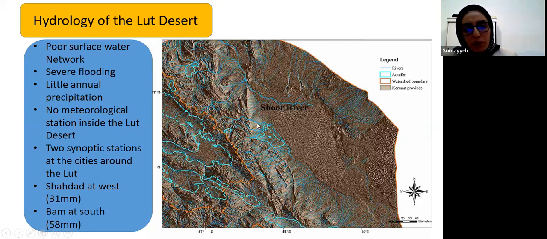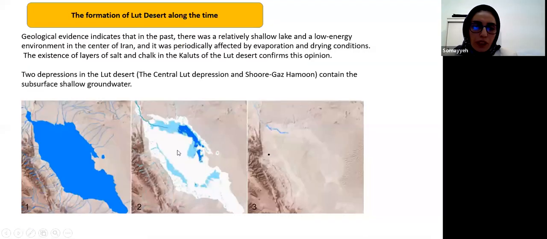And we have some short streams, or let's say perennial streams that they don't enter the central part. They just stop flowing to the edge of the western part of the Lut. I put a shape here about the formation of the Lut Desert during the evolution.